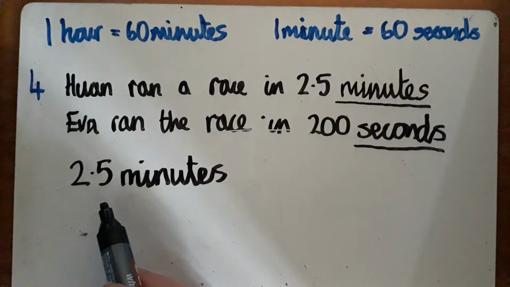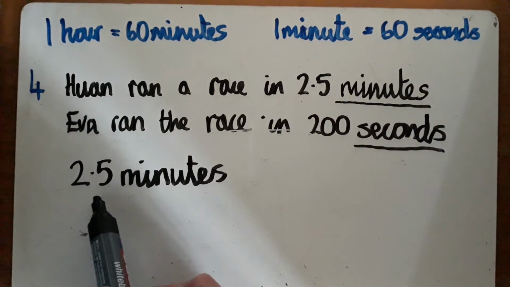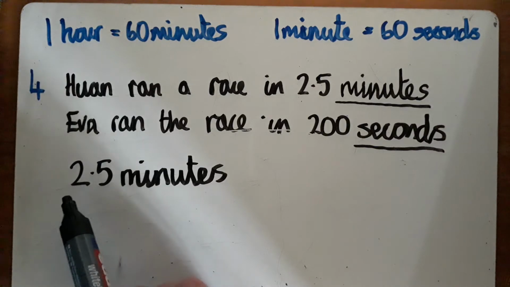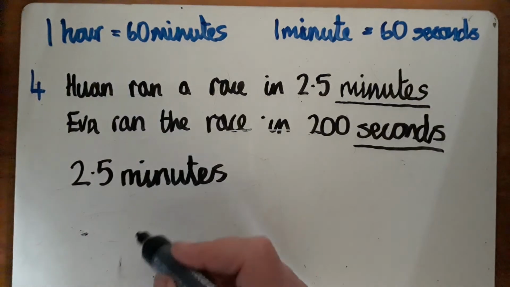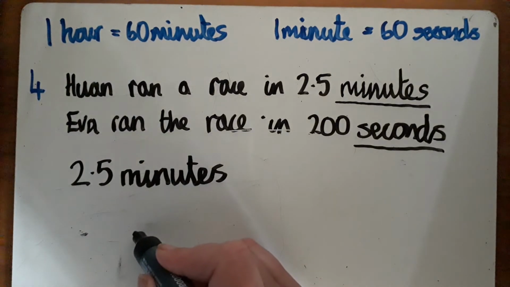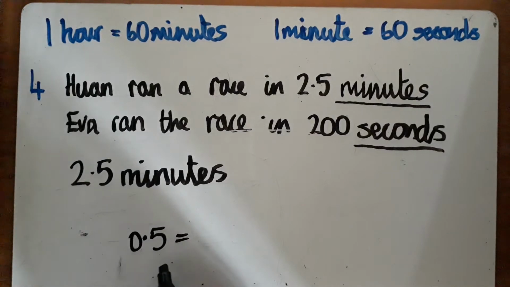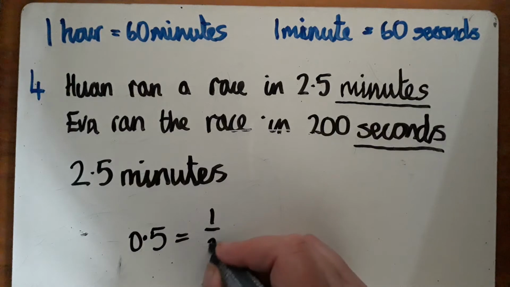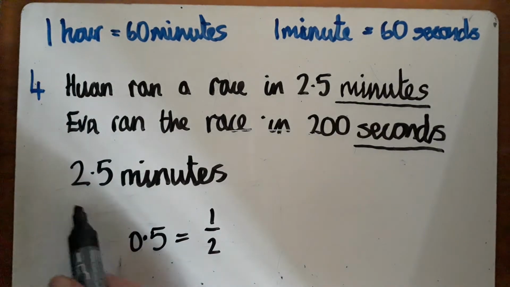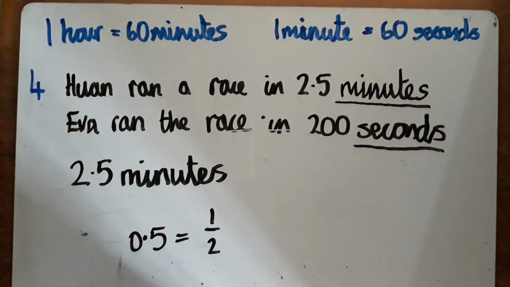So 2.5 minutes, and I keep giving you the clue that I want you to make the link with our decimal work from last week. If you have 0.5 and we convert that into a fraction, hopefully you remember that 0.5 is the same as a half. So here we have 2 whole minutes and a half a minute as well.